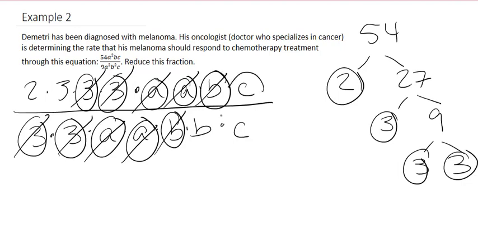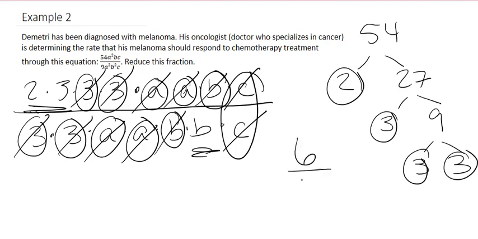And then we have one c on top and one c on the bottom, so we'll cross these out. So now we're left with on the top the 2 and the 3, and on the bottom just the b. So when we write this in reduced fraction, we would write 6 over b. So this is our final reduced fraction.